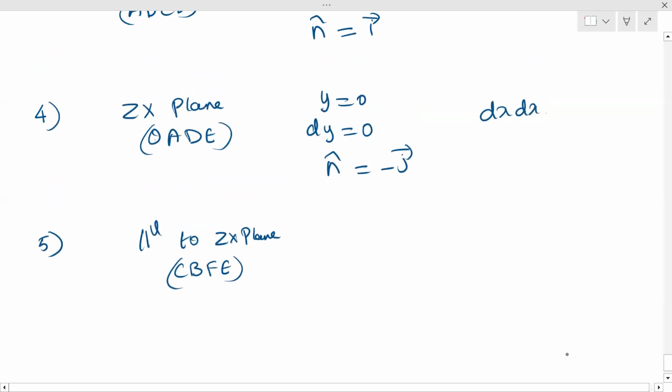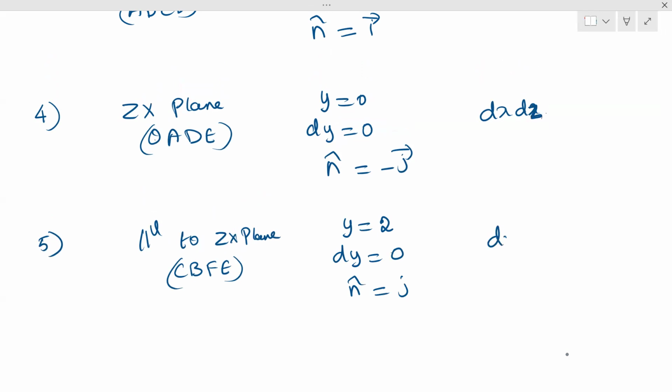Parallel to the ZX plane means the equation is y is constant, that is y equal to 2, dy equal to 0, and n cap equal to j. Here ds equal to dx dz.